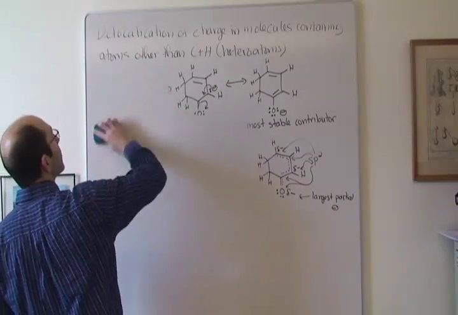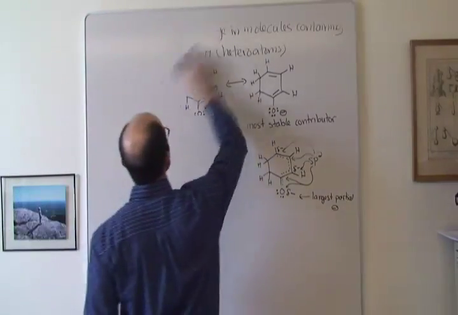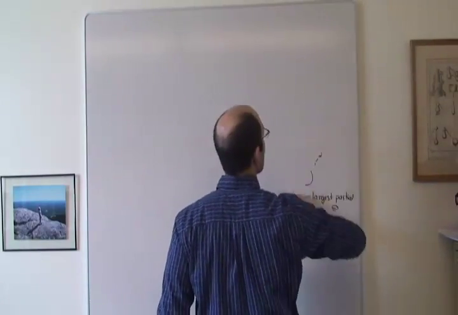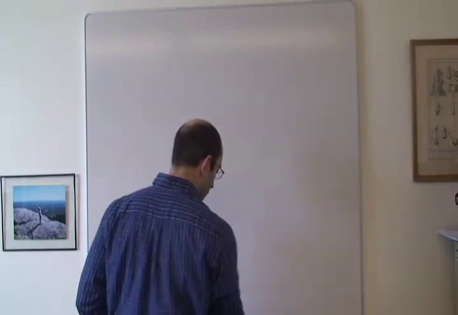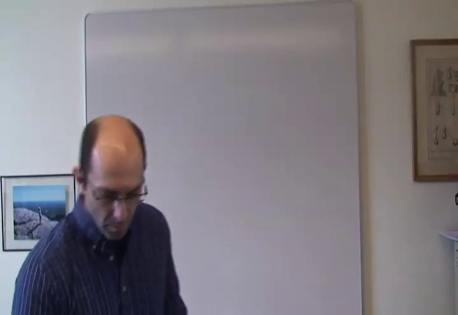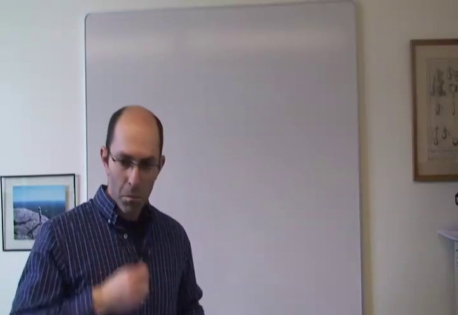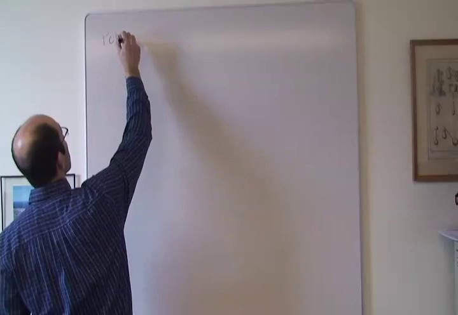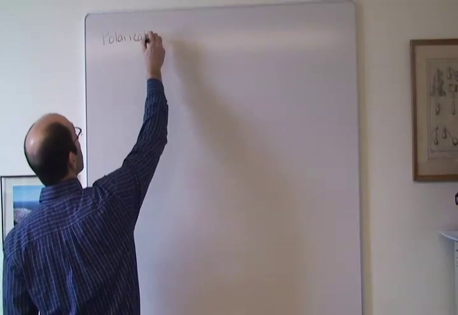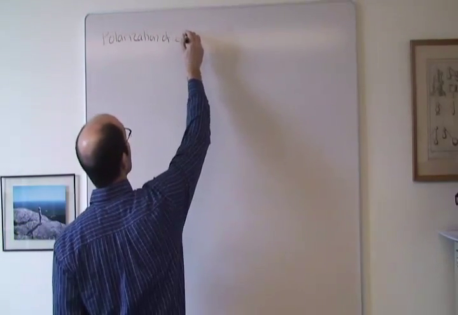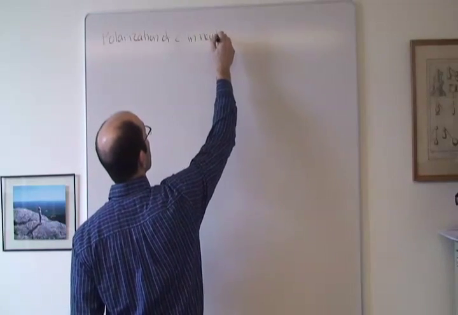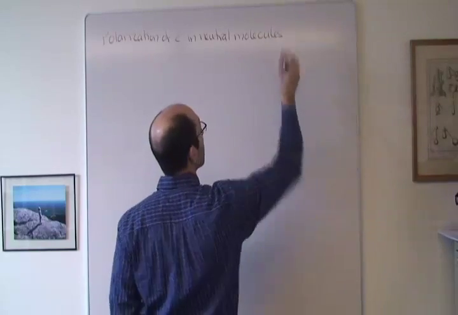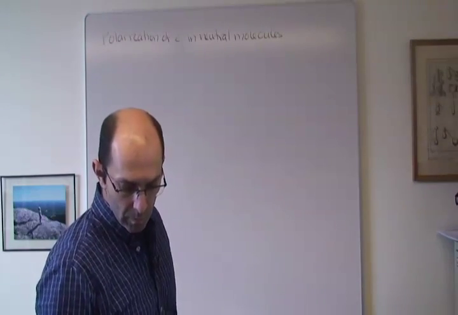Again, fill in the CH's so you just don't make any mistakes. All right, and so you now have delocalized that charge over two atoms. And if you look here, you can see we're next to another pi bond on the C double bond O. So we can delocalize further. Every time we delocalize a negative charge like this, we're going to go from lone pair to pi bond, and move that pi bond to make a lone pair.